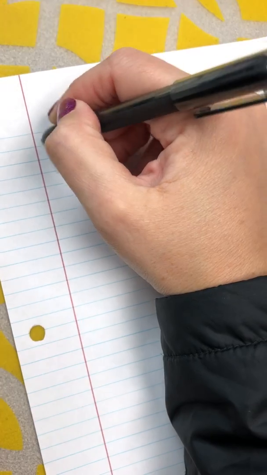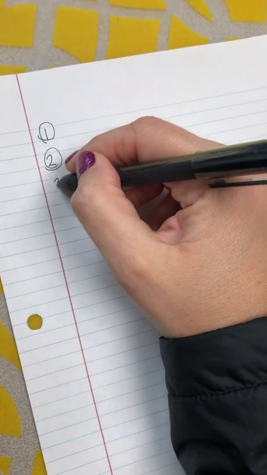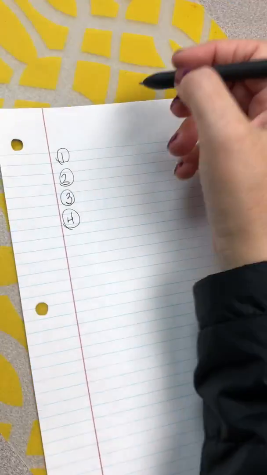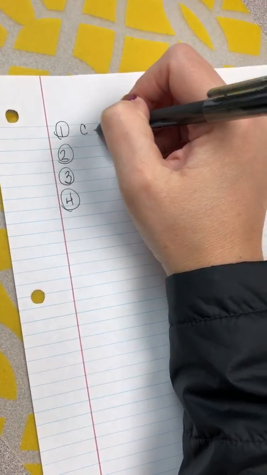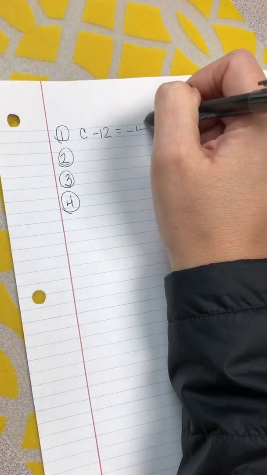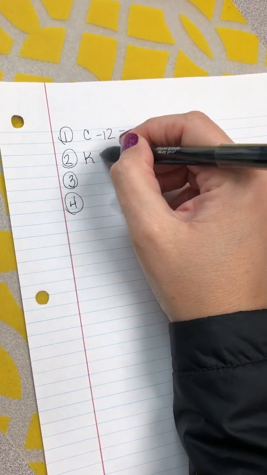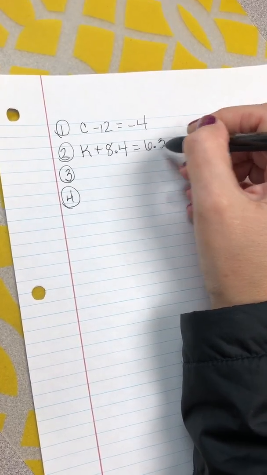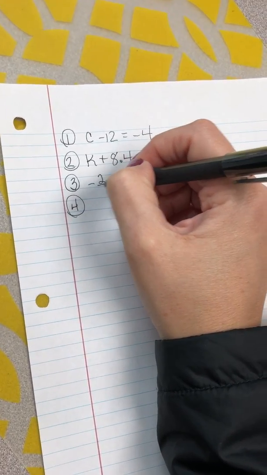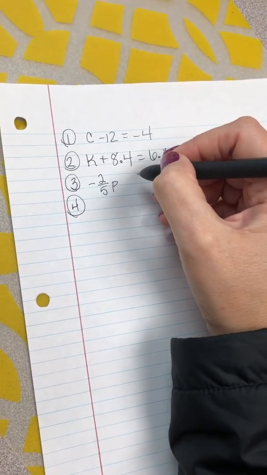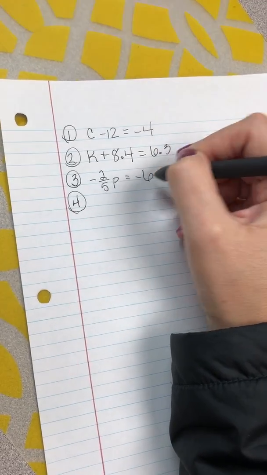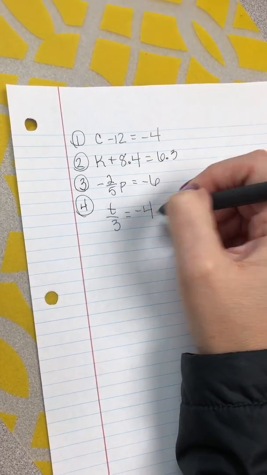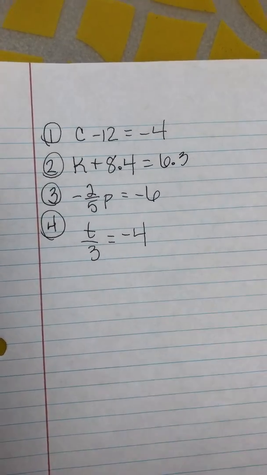You might even want to cut your paper into fourths to write them. So we have c minus 12 equals negative 4, k plus 8.4 equals 6.3, negative 2/5 p equals negative 6, and t divided by 3 equals negative 4. After you solve these 4, I want you to come check with Miss Wesley.